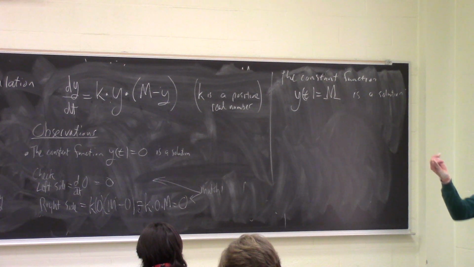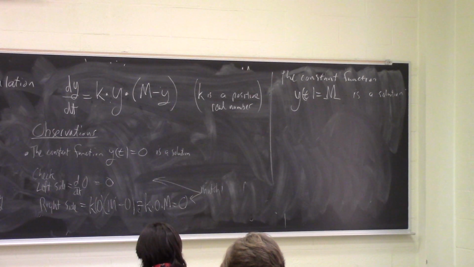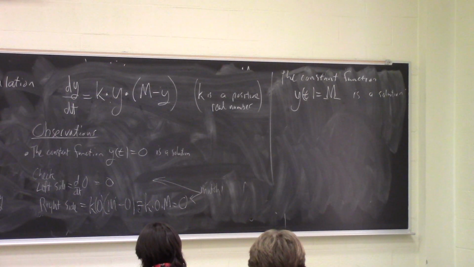Well, Mary went home and scrubbed the heck out of her kitchen, so there's no bacteria anywhere in Mary's kitchen. So the population is 0. So the population will remain 0 forever because she did such a good job of cleaning. The other scenario when y of t equals m is, well, the population has reached an equilibrium with its environment. That's the carrying capacity, and it's just going to stay there forever.